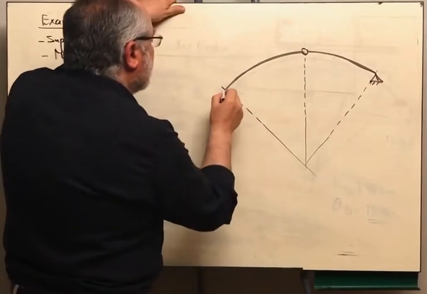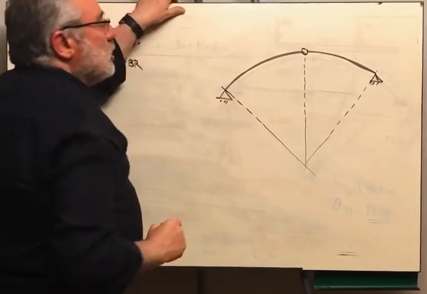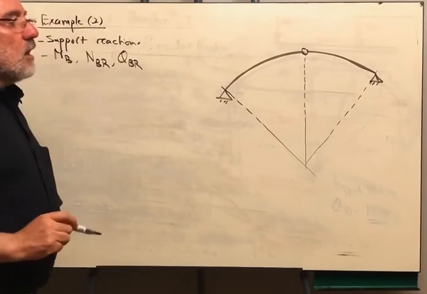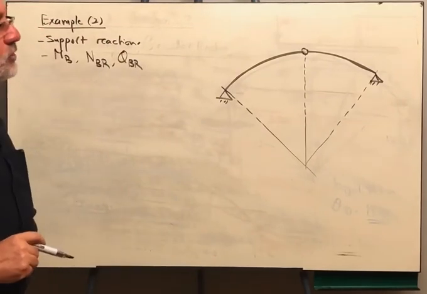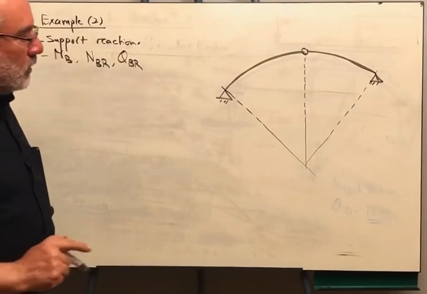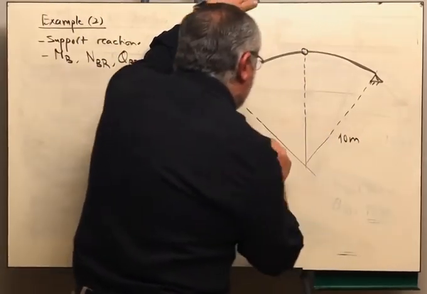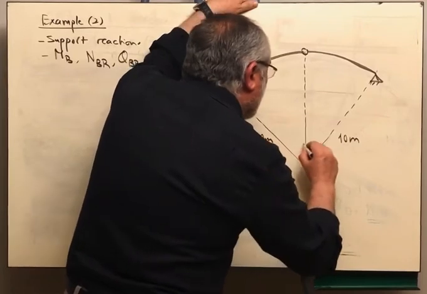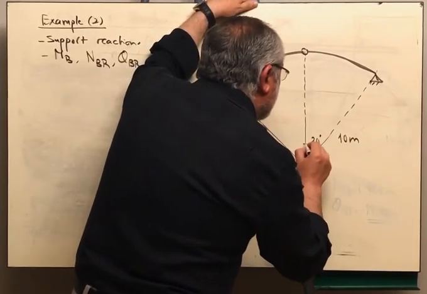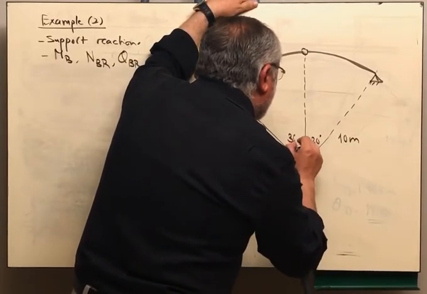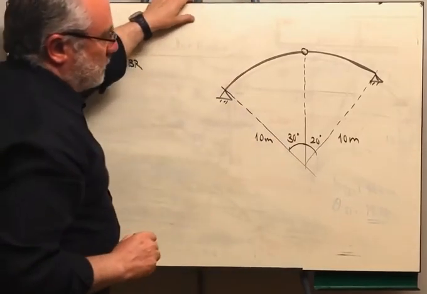For the first time, you will notice that the arch might not have the two supports at the same level. It says here that this is a circular arch and the radius is 10 meters. The angle subtended here is 20 degrees, but the angle subtended here is 30 degrees.